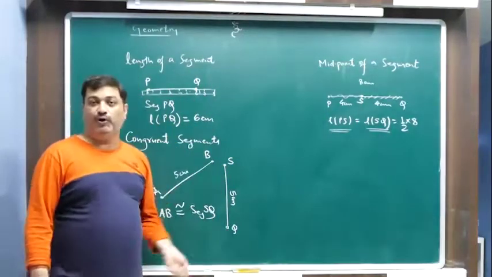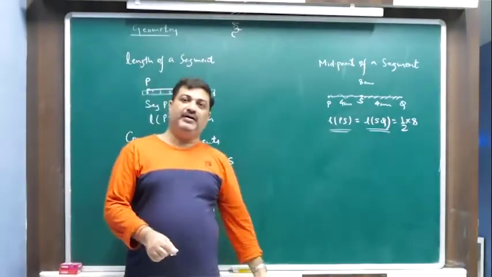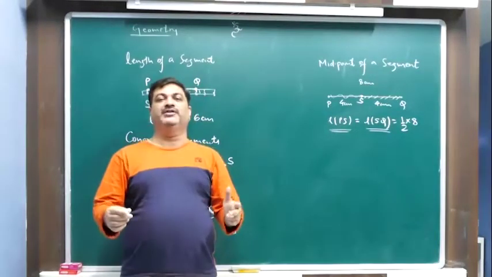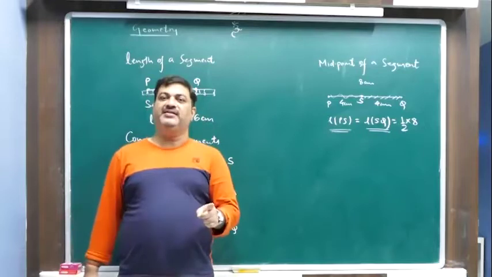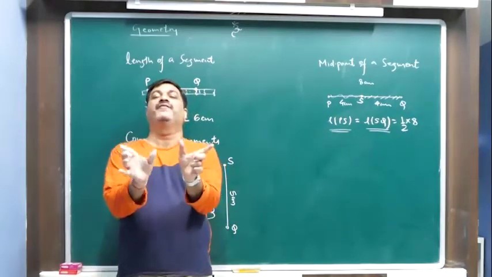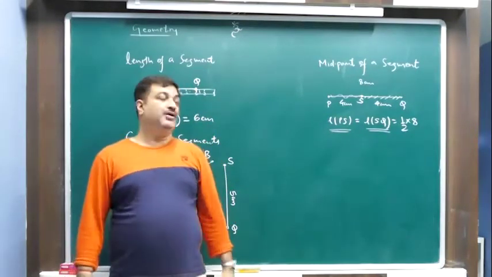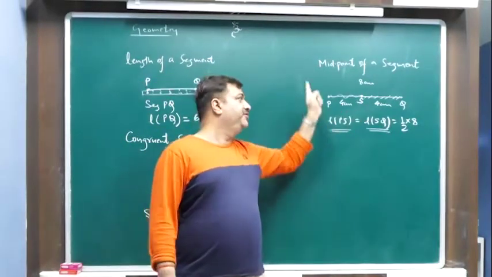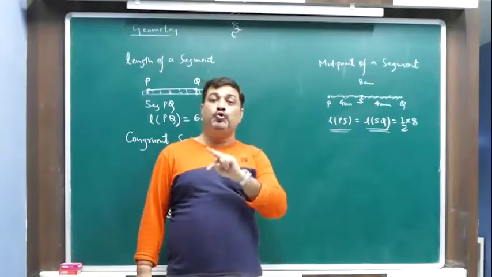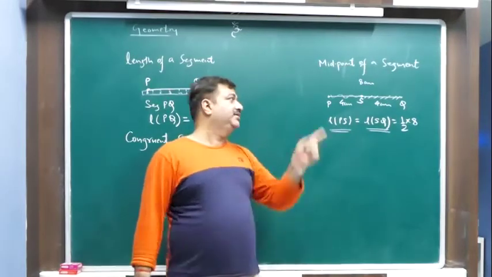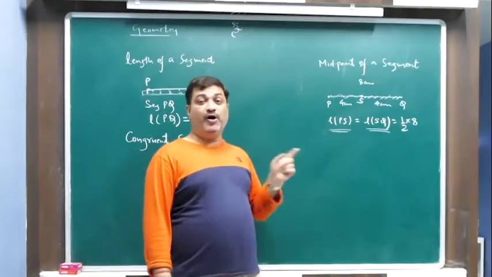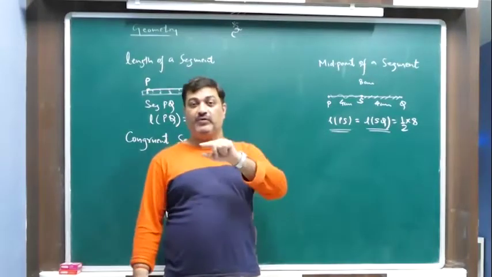So what do you mean by midpoint of a segment? A point lying on a segment which divides the segment into two equal halves is called the midpoint of the segment. So here point S is dividing the segment into two equal parts, right?